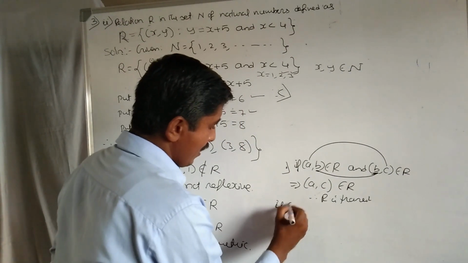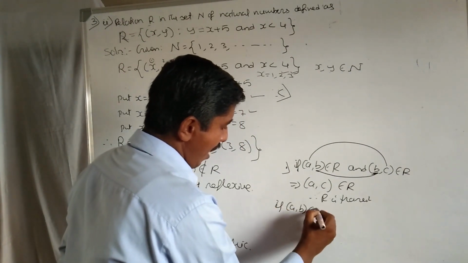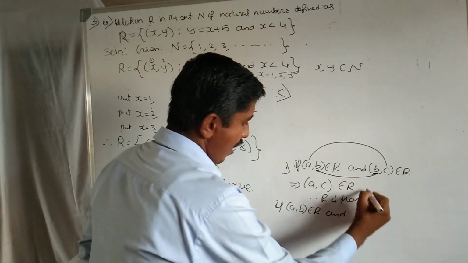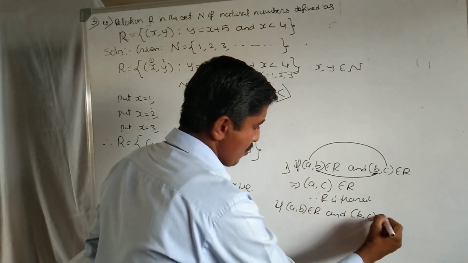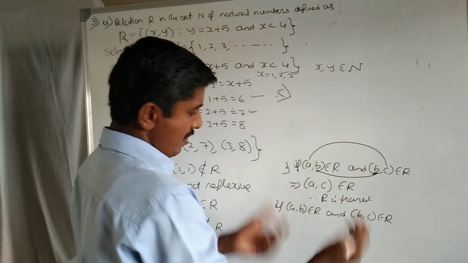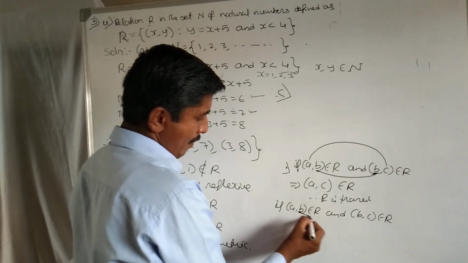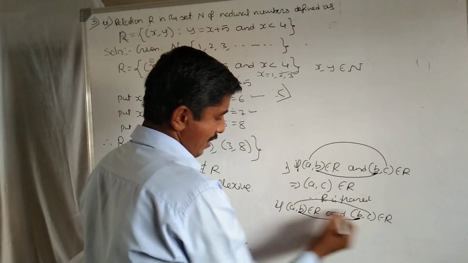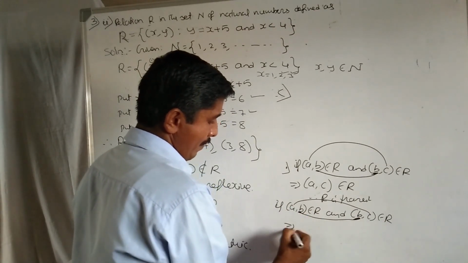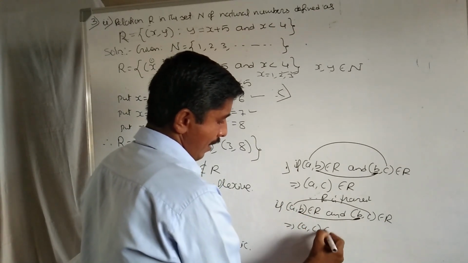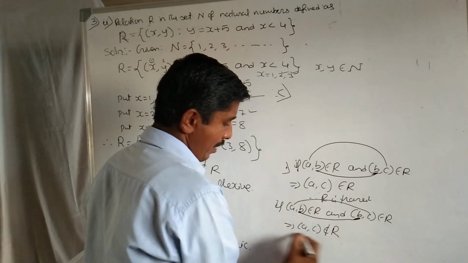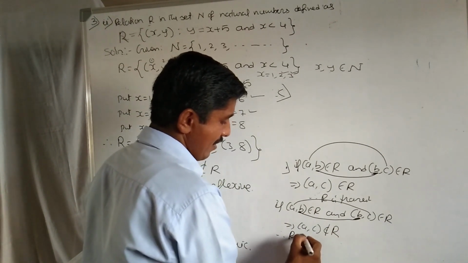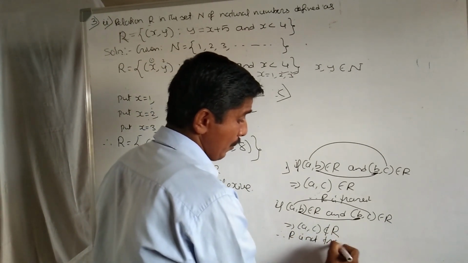Suppose (a, c) does not belong to the relation, then we say that R is not transitive.